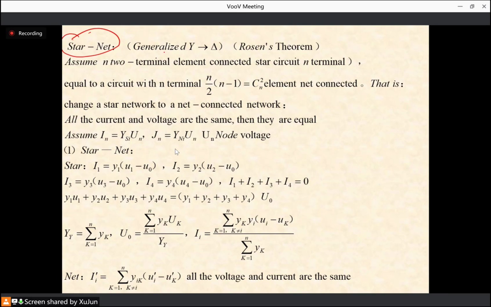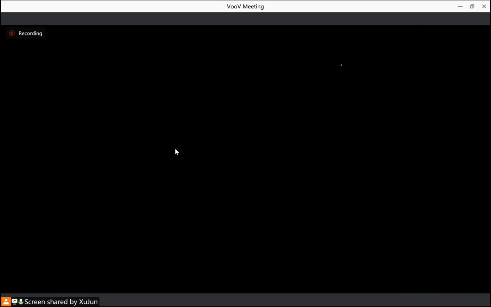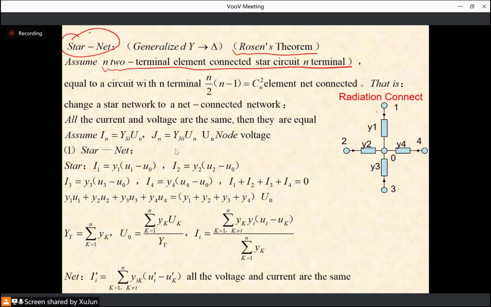For the star to net connection, it comes from Lawson's theorem. Assume n two-terminal elements connect in a star connection with n terminals. Here we use four nodes to express it. It's a kind of radiation connection, which we also call a star connection. It is equivalent to a set with n terminals and C(n,2) elements in a net connection.